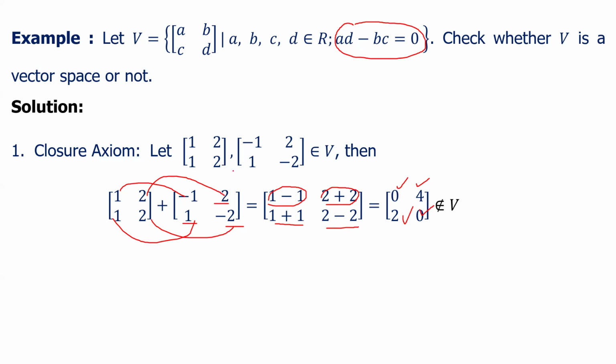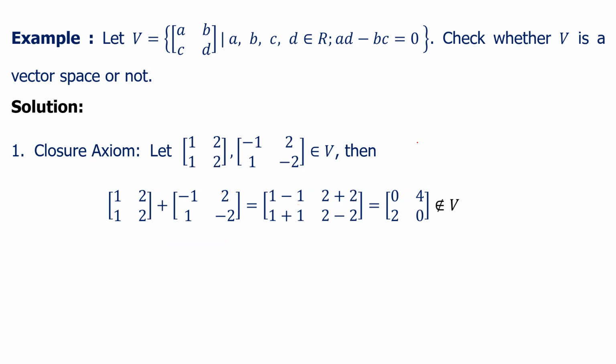Now look here. For the first matrix, 1 into 2 is 2, and minus 1 into 2 is minus 2, so AD minus BC is 0. Similarly, for the second, minus 1 into minus 2 is 2, and 2 into 1 is 2, so 2 minus 2 equals 0. These two elements are elements of V, which satisfy the property AD minus BC equal to 0.